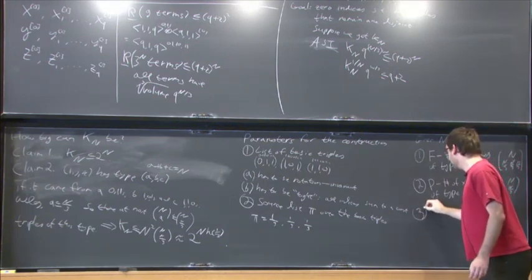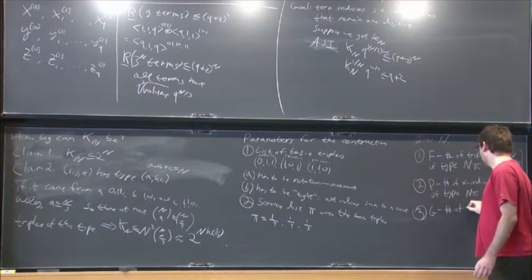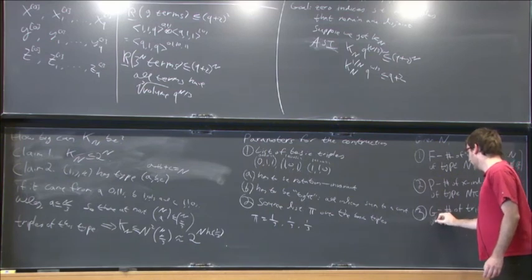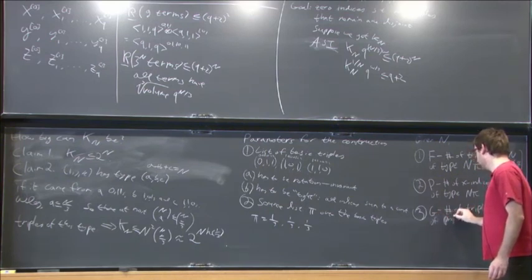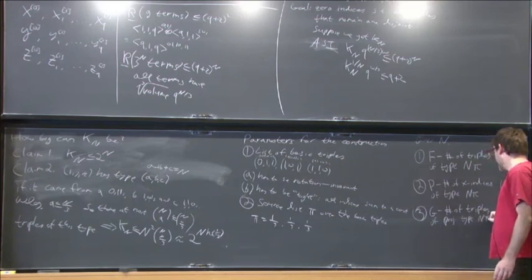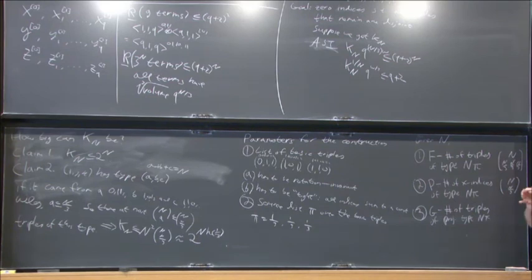Okay, and we'll have G, which is the number of triples of projection type n pi. Now, a triple is of projection type n pi if all its indices are of type n pi. So if you look at the x index, it could have come from a triple of type n pi, and the y index could have come from a triple of type n pi, and the z index also.